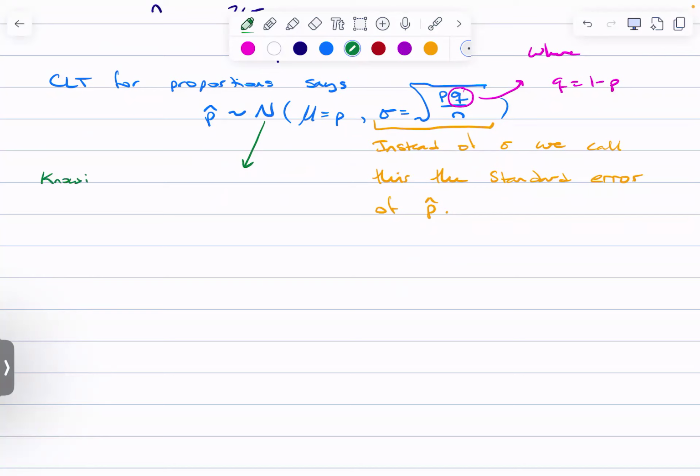Knowing it follows a normal distribution lets us use z-scores to calculate probabilities.